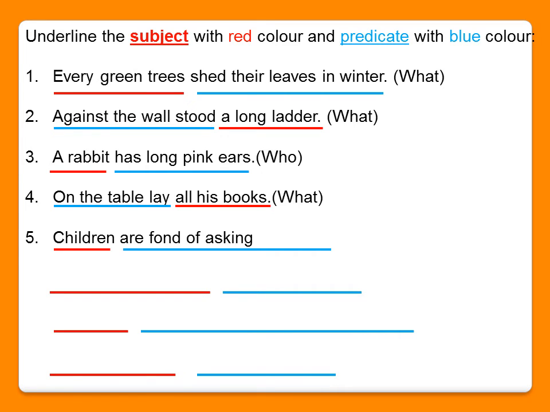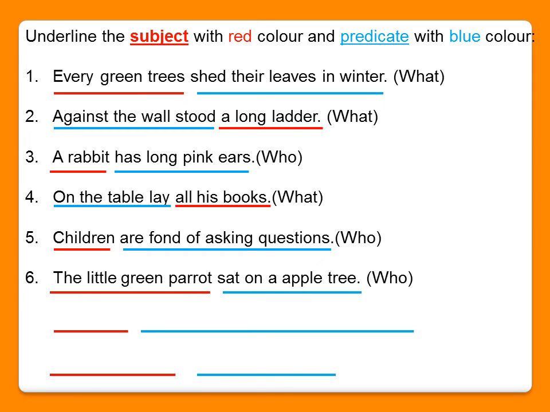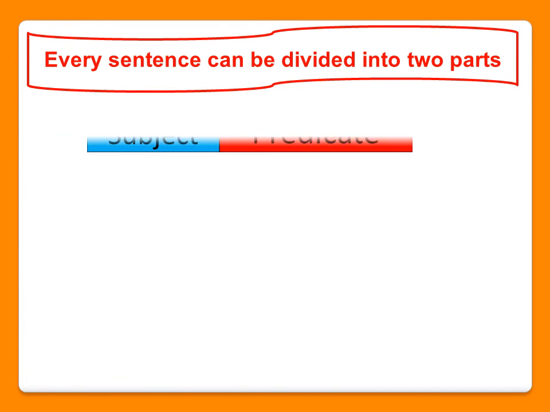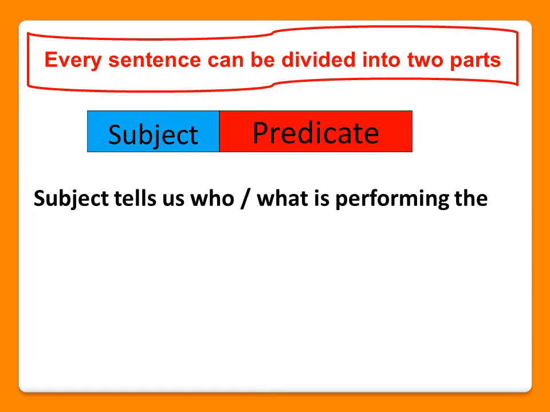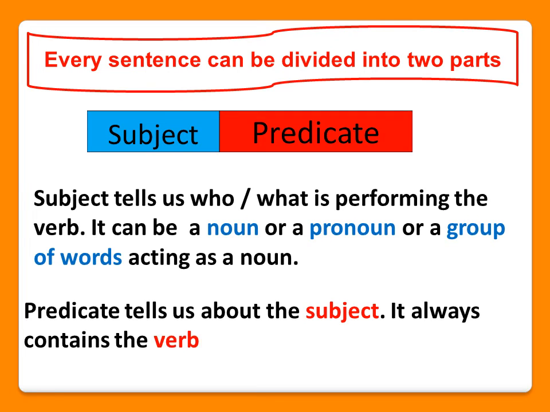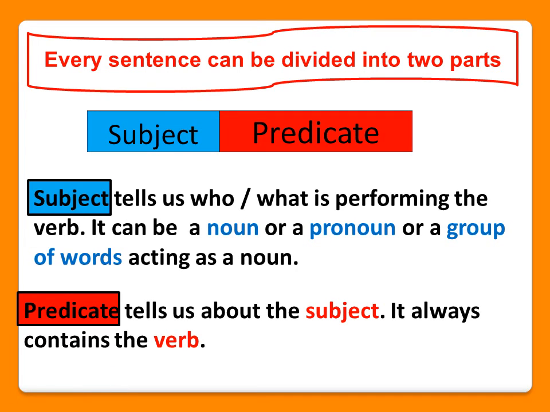At the end, I like to revise whatever I have taught till now. We all know that subject can be a noun or a pronoun or a group of words acting as a noun. In case it is a noun, we have to be very careful and we must always include the articles or any other group of words which are modifying that noun.